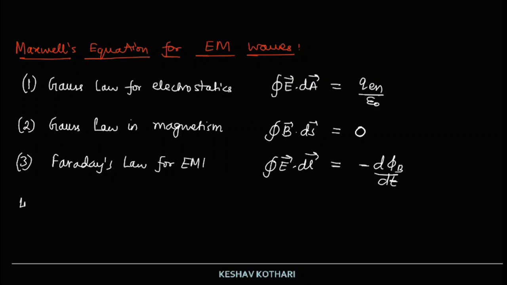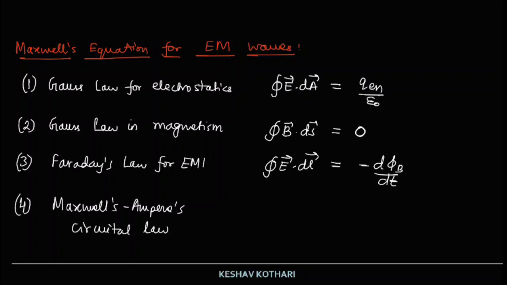And the fourth one is what we have read in the previous few minutes, that is Maxwell's Ampere circuital law, or the modified Ampere circuital law, whichever way you wish to name it.